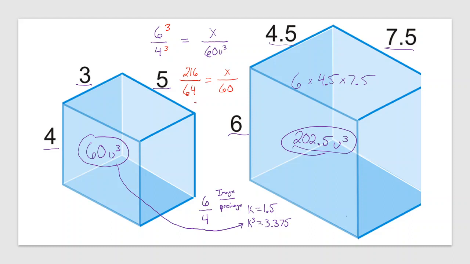So now cross multiply. 216 times 60 equals 64 times x. 216 times 60 equals 12,960 equals 64x. Then we'll divide by 64 and we get x equals 202.5.